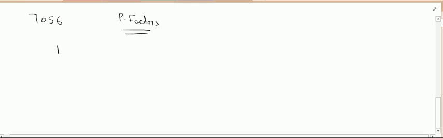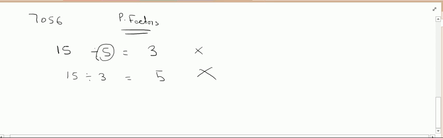For example, if you have 15, if you divide it by 5, your answer will be 3 and there will be no remainder. So 5 is your factor. If you divide 15 by 3, you will get 5. What will be your remainder? 0. There will be no remainder. So 5 is a factor of 15.